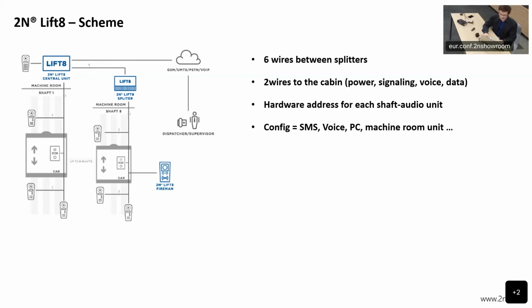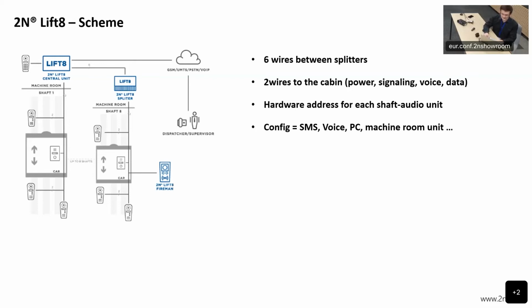The configuration is done again through SMS. It can be done through the voice menu, so you can call it, or directly from the machine room unit. I have it there. I will show it later how it looks. And the most important thing here, if you want the IP connectivity, you just need to have the Ethernet in the machine room where the Liftgate will be placed.